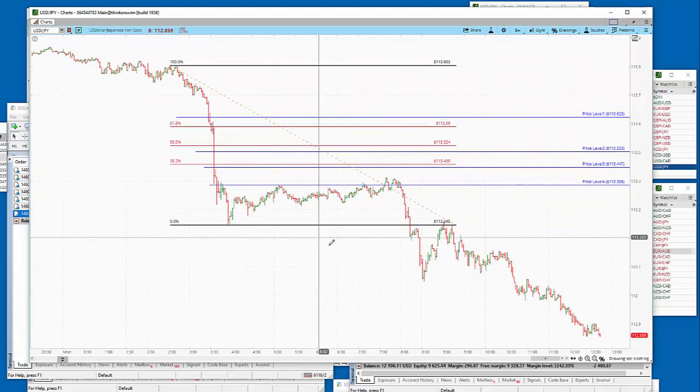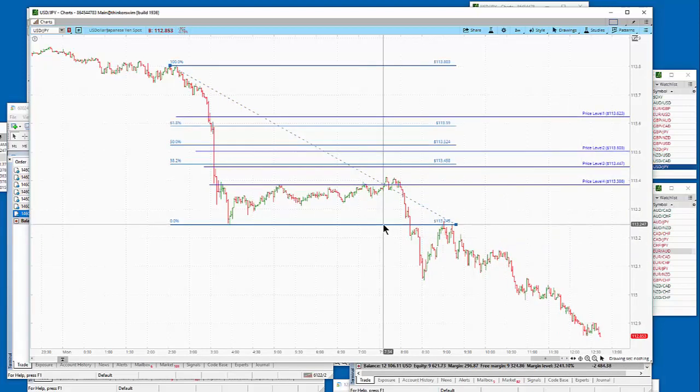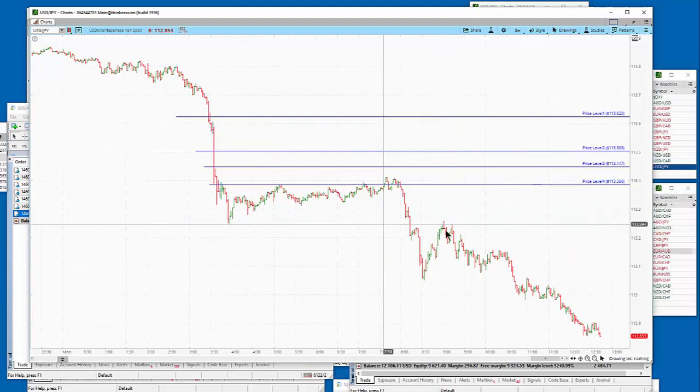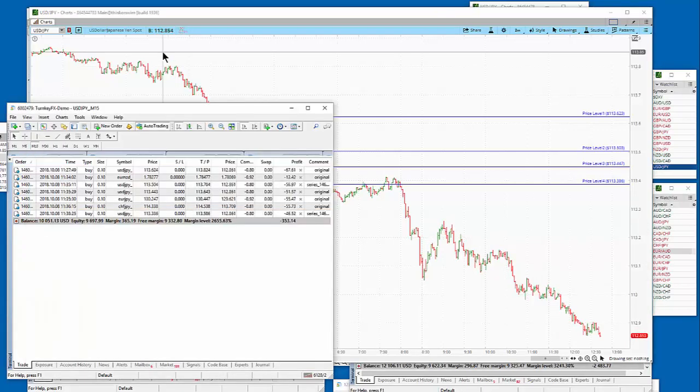But then what happened? We took this next tumble down, and now here we are way down here, right? So anyway, that's what happens with Forex, and you never know for sure where the next price bar is going to go. But we don't need to be totally alarmed. There's nothing scary about it.